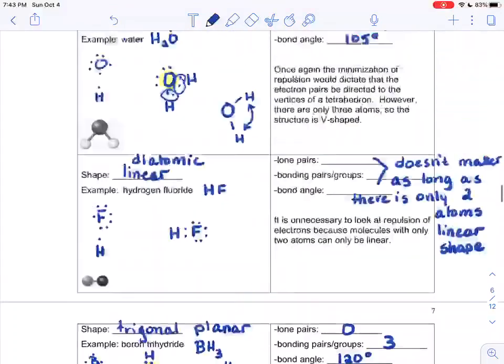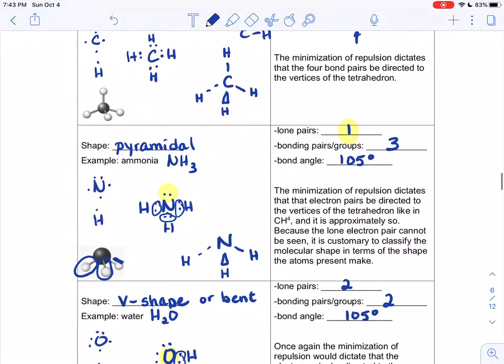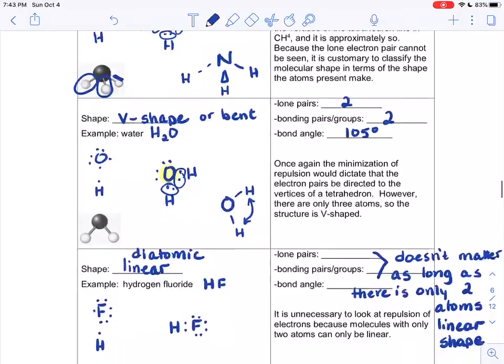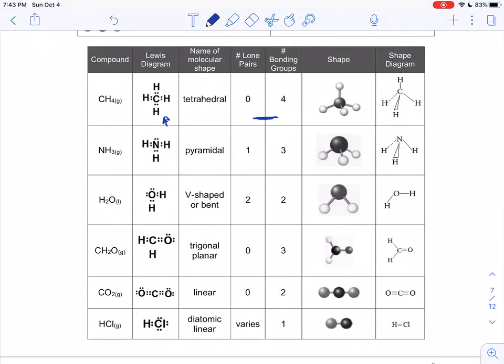And anyway, this is VSEPR theory, where we're looking at how the bonds arrange themselves in molecules to keep the electrons as far away from each other as possible around the central atom. We use lone pairs and bonding groups to determine what the shape will be.